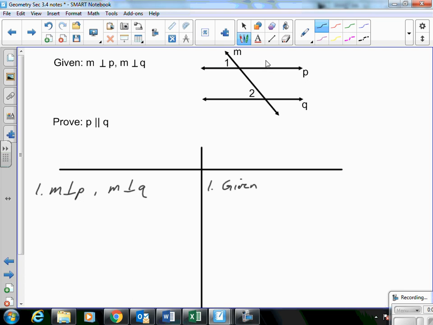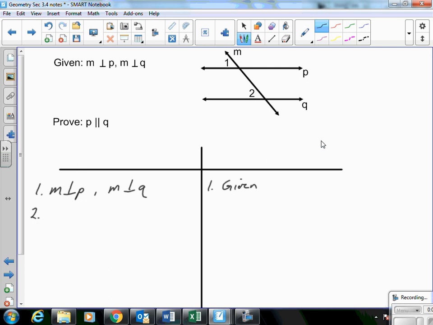If they're perpendicular, perpendicular means that two lines intersect to form what? Two lines intersect to form a right angle, right? So if they're perpendicular, then that means angle 1 is a right angle and angle 2 is a right angle, right? Which comes from the definition of perpendicular lines. They're going to intersect to form right angles.